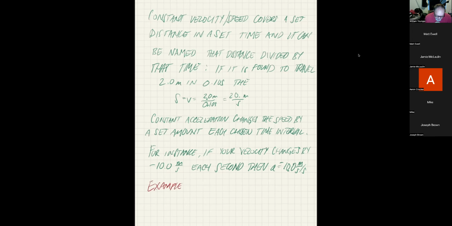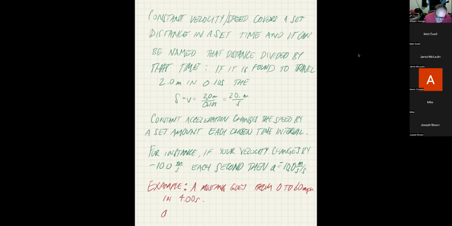Now, I'm not telling you by any stretch of the imagination that this acceleration is constant, but let's say a Mustang from 0 to 60 miles per hour in 4.00 seconds.